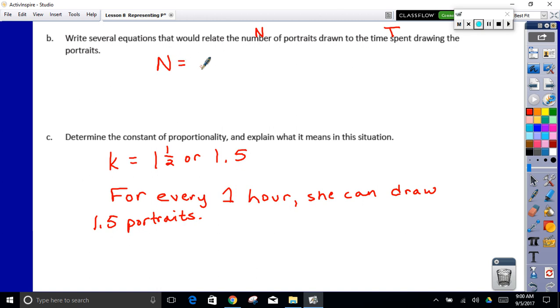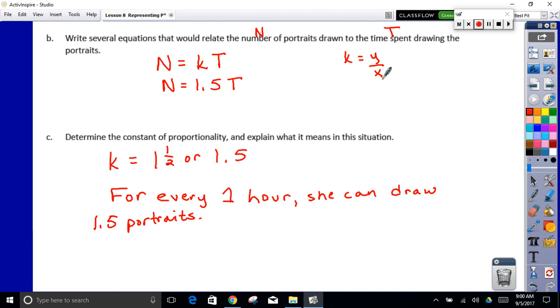And then we're going to have k times t. And remind me, what was k? Constant of proportionality. Constant of proportionality, and specifically 1.5. So we have n equals 1.5 t. When it asks you to write several equations, what it's saying is when we find k, we're doing y divided by x.